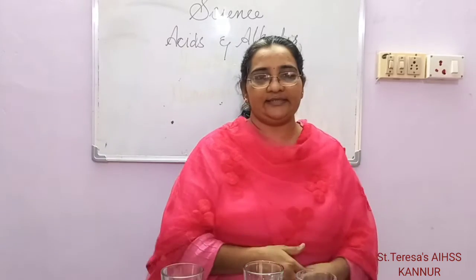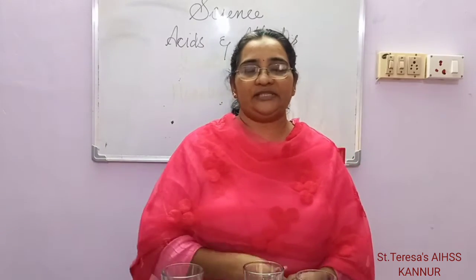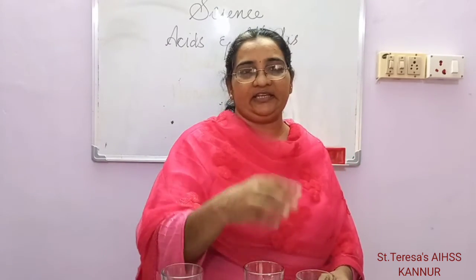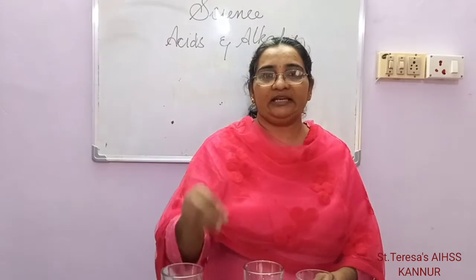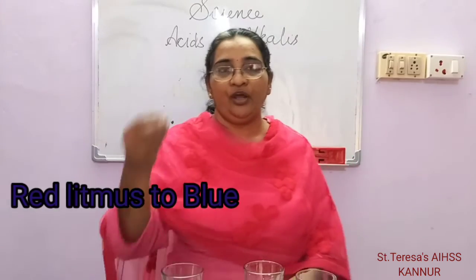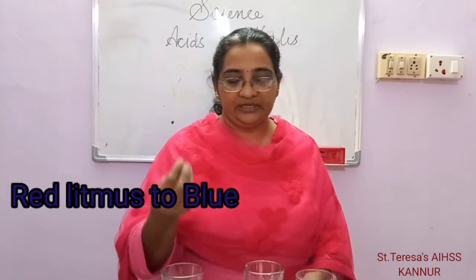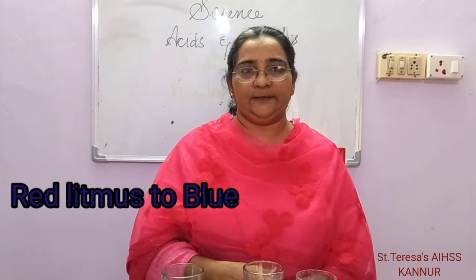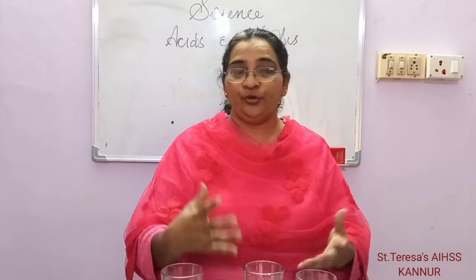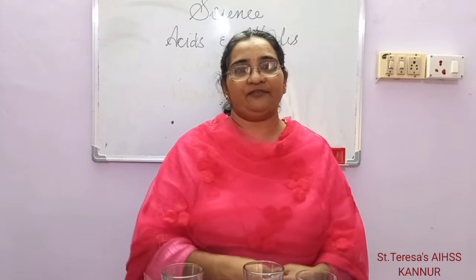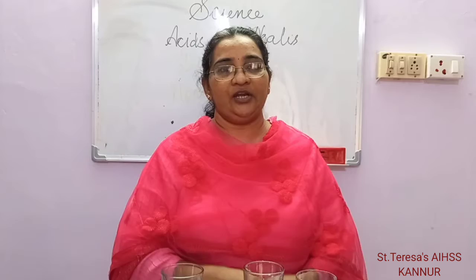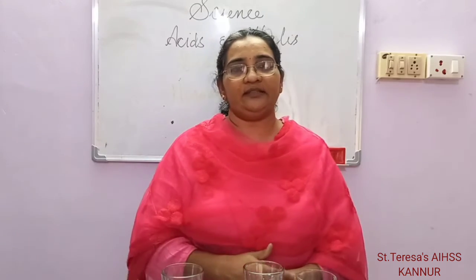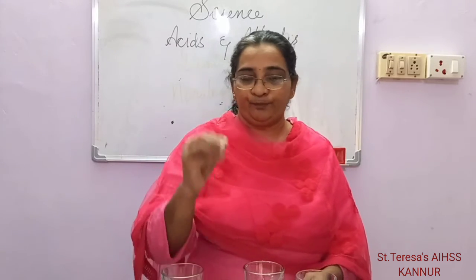In all these liquids, we were able to see that these liquids are changing the red litmus, or the red hibiscus paper, into blue color. So all these have got a common property, isn't it? What is it? It is changing the red litmus into blue.